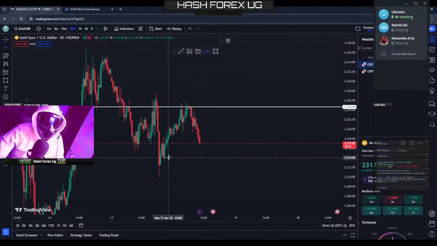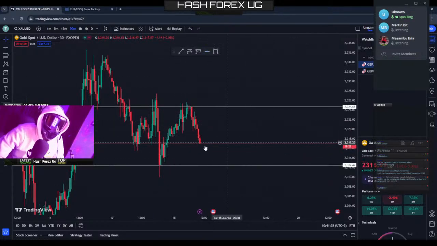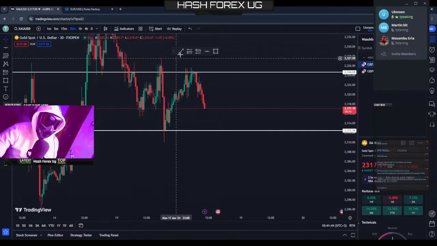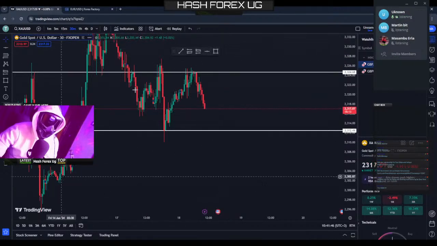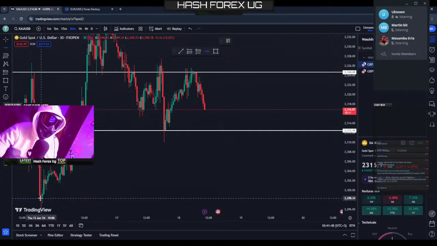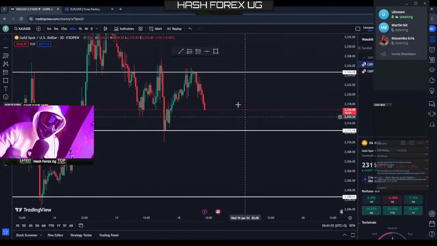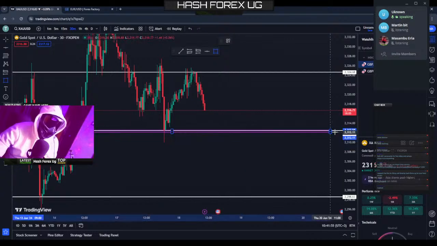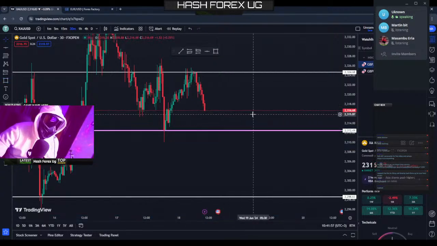I think if I'm to trade gold today, I'll have those zones marked. Very important zones to mark on gold. Those are our key levels on gold, and you'll be having sells below that zone.